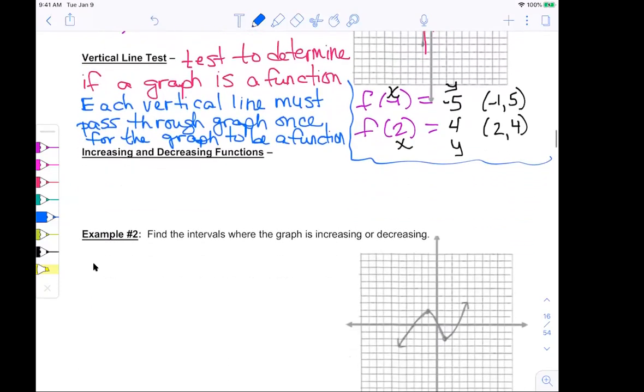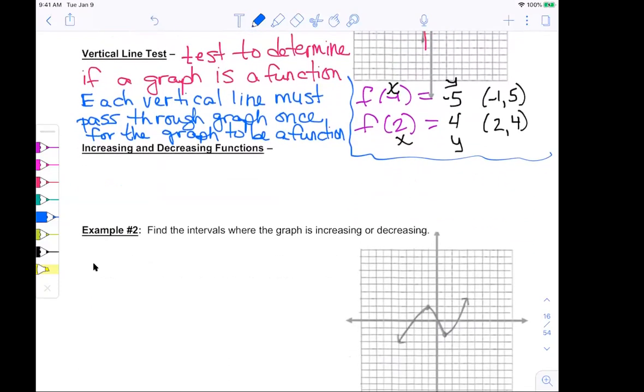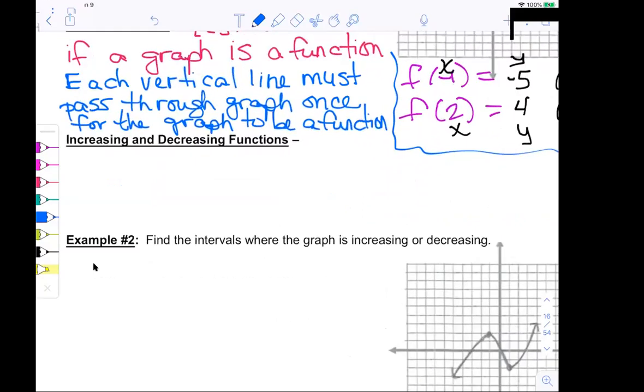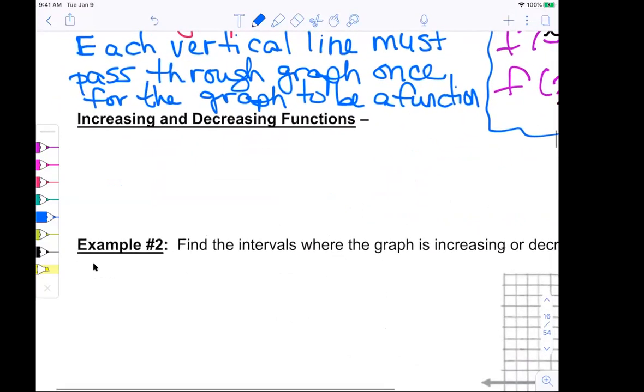The next group of terms that we have talks about increasing and decreasing functions. So when you have a graph, it can have intervals where the graph goes up or where the graph goes down.